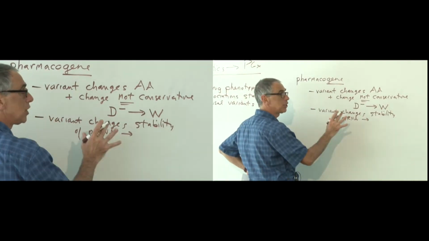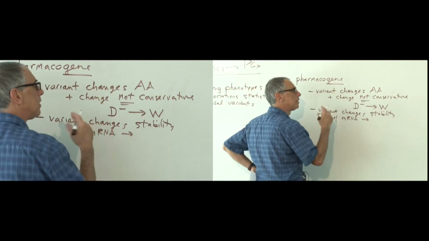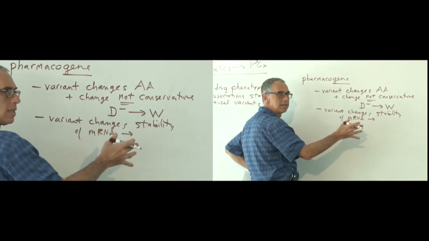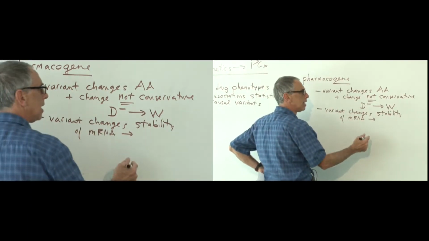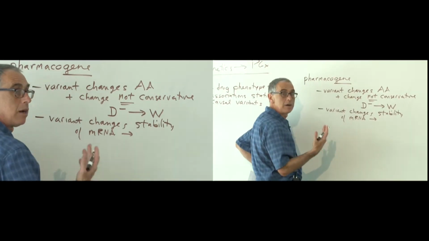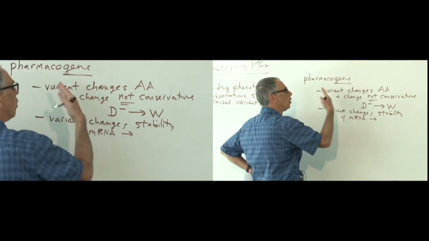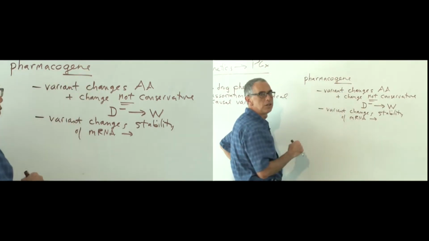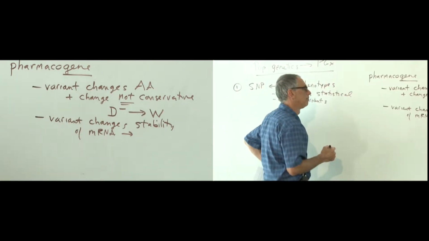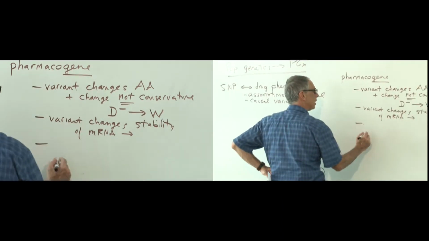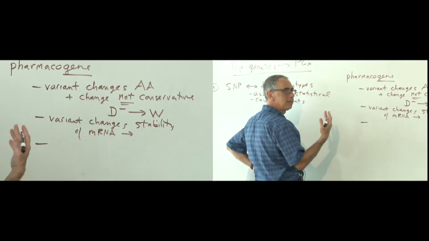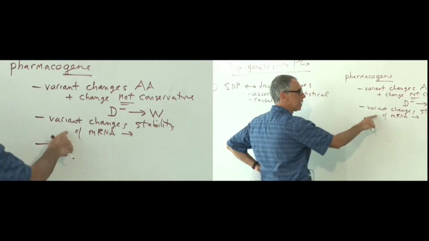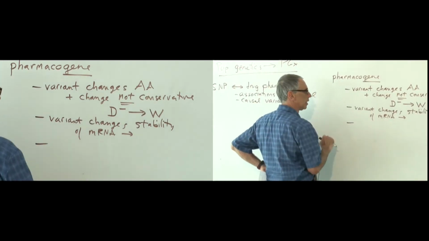That is to say, it may not change any amino acids, but the introduction of that new base in the mRNA leads to more rapid degradation, and therefore the availability of that gene to do its job changes dramatically. The other possibility is that the variant is not in the protein coding region. This, by the way, could be in coding or non-coding.